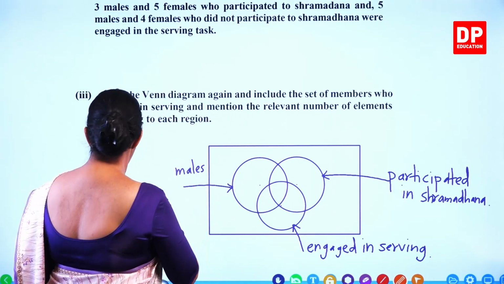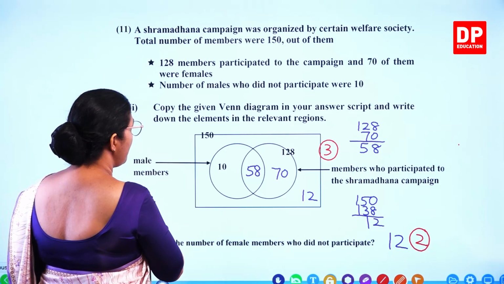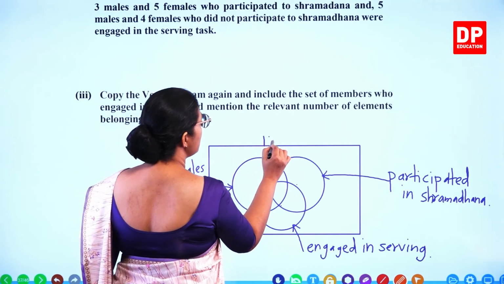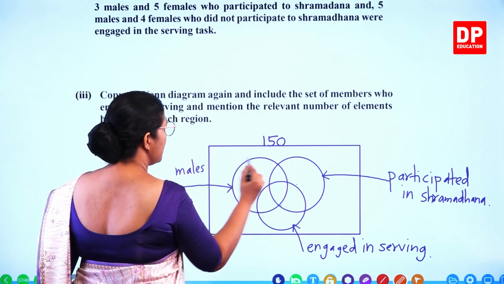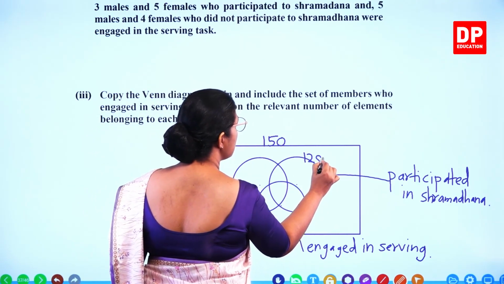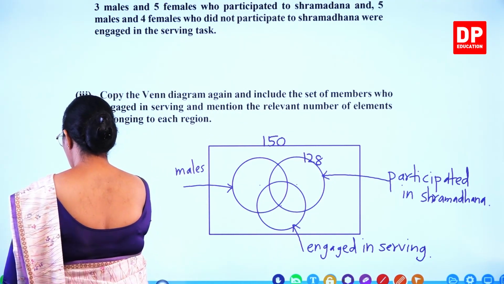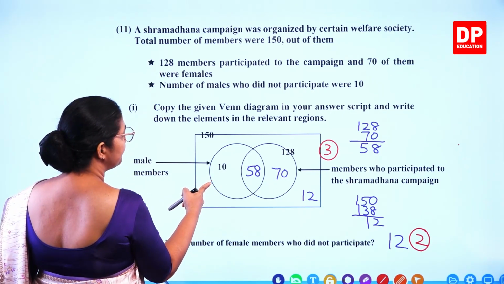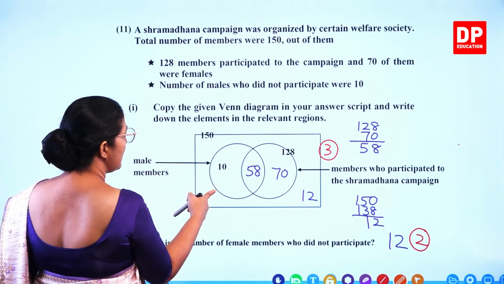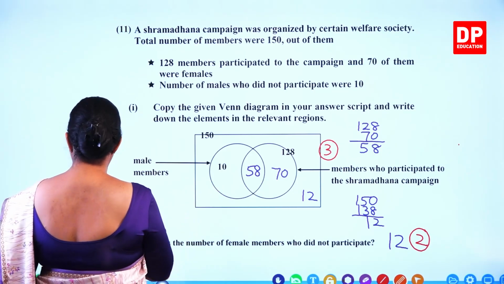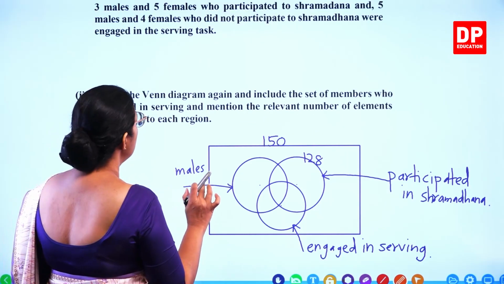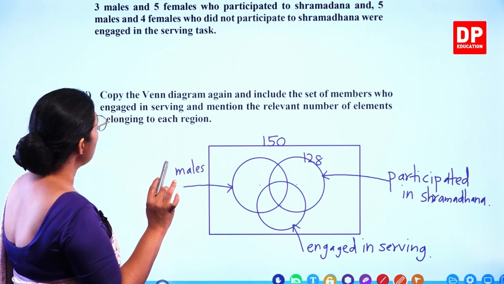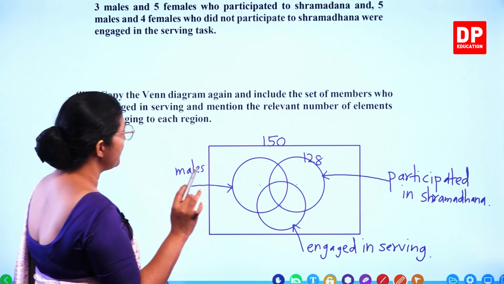And altogether, how many were there? 150. 150 here. And here 128. And we found from the previous one, this is 10. So let's mark that. We'll first read the given one. 3 males and 5 females who participated to Shramadana.